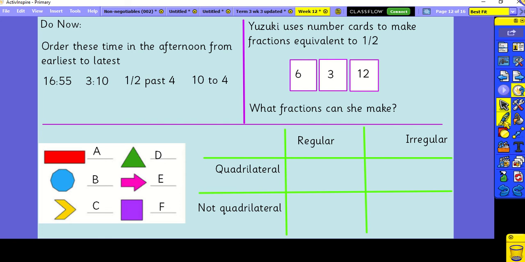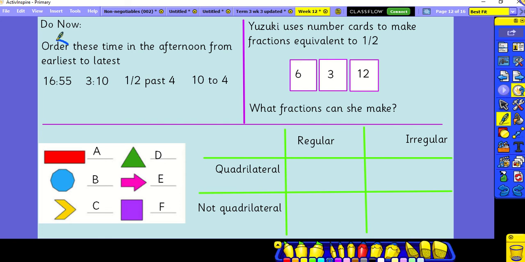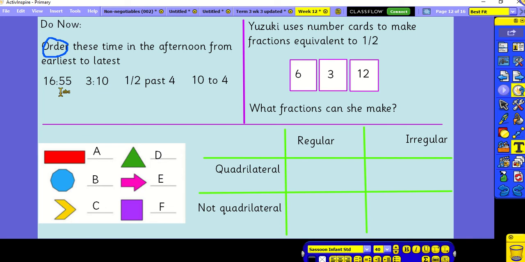Welcome back, everybody. Okay, when we are ordering anything, if the units are different, it is difficult to do. So we've got some of these in 24-hour clock, some of them in 12-hour clock, some of them in fractions, and some of them written like this. So I'm going to put them all in 24-hour clock.